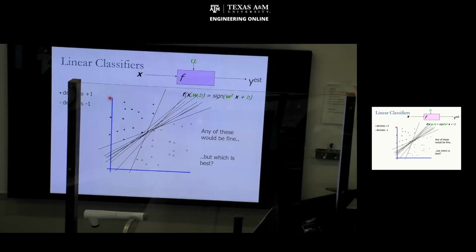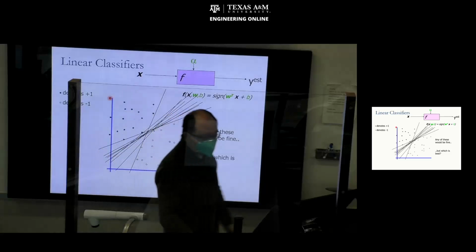What's the objective function? The most distant from the closest blue or white. Is that right? Later on, we'll know that they are actually so-called support vectors, right? Okay, so good. Exactly as you said.